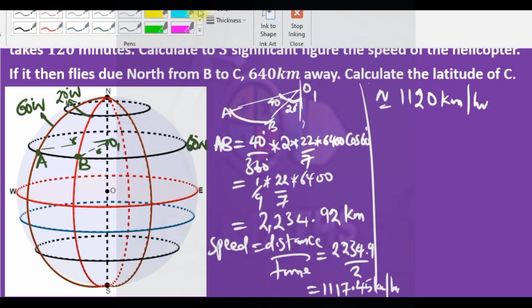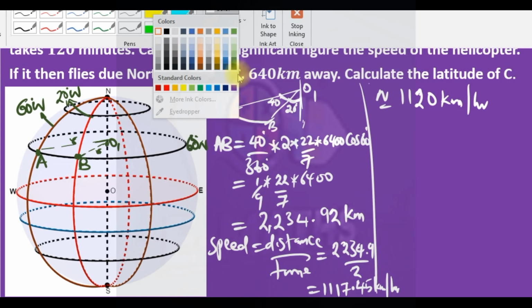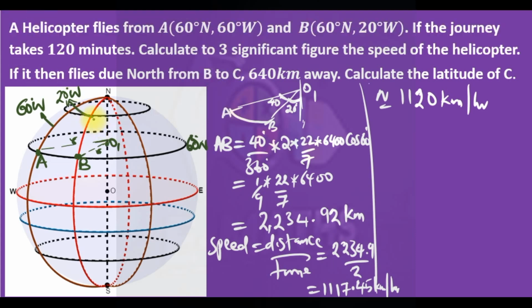Okay, look at the diagram. If it now flies to C, let's see B. They asked us to find the latitude of C, so let the latitude of C be, maybe, phi.